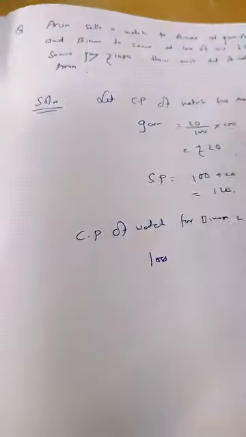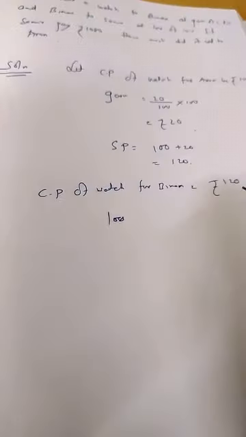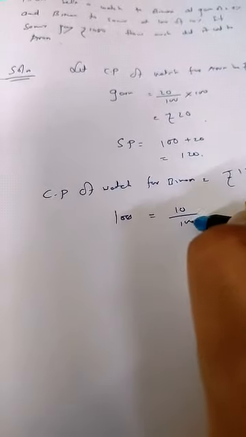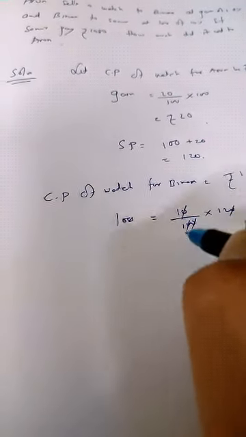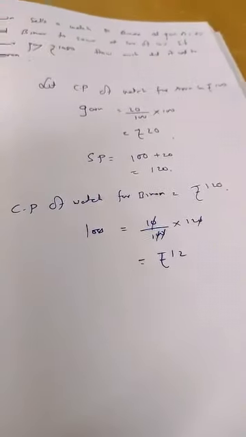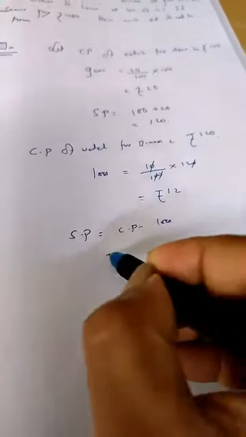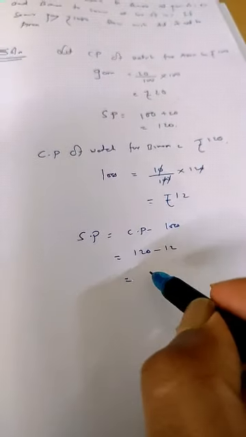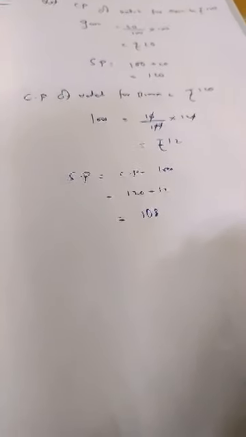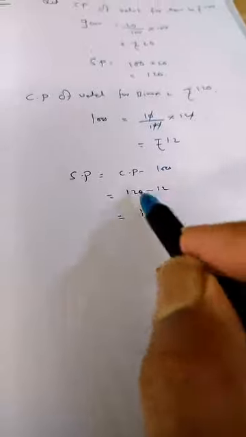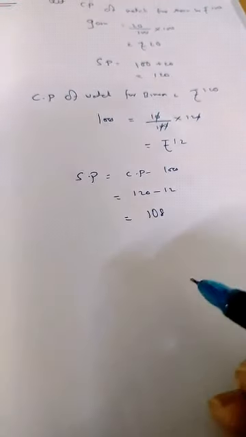Now Biman got a loss. He sells to Samir at a loss of 10%. So loss is 10% of 120, rupees 12. Selling price is cost price minus loss, 108. So Samir's cost price will be 108.